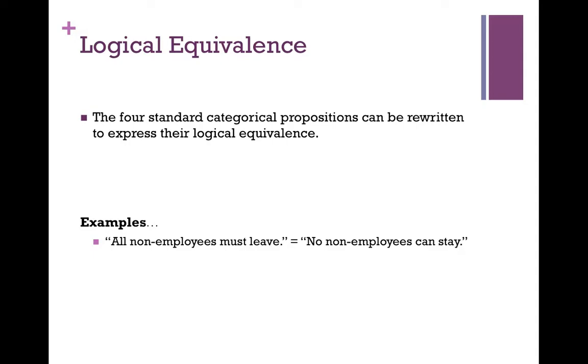In fact, the quantifier here is different than the quantifier there, and must leave and can stay are basically opposites of one another. So what we've done is change the quantifier, and then also change the predicate. We've negated both the quantifier and the predicate in order to derive a logically equivalent expression.